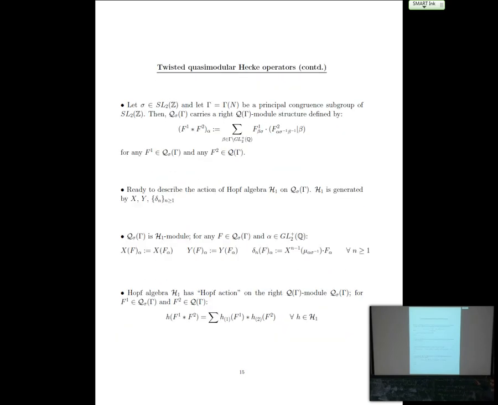So here there's a mu alpha sigma inverse f alpha, and then it has just the right action. Once again, not only that, this time it is a module action, right? Notice that F1 is from Q sigma and F2 is from Q gamma, and the Hopf algebra H1 has a Hopf action on the right Q gamma object.